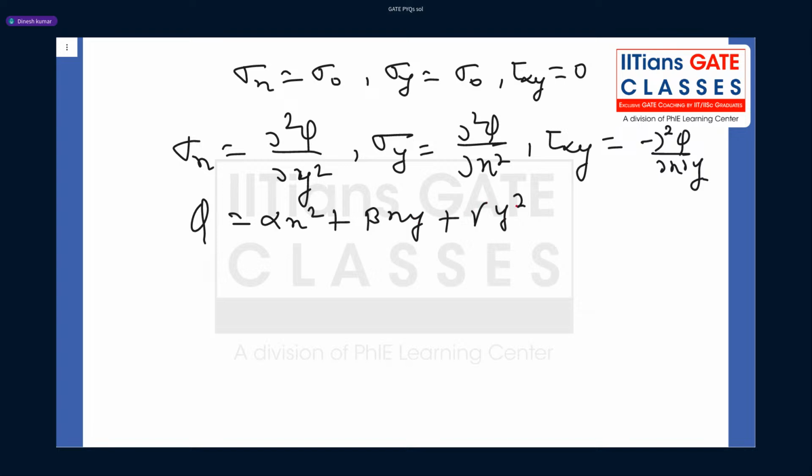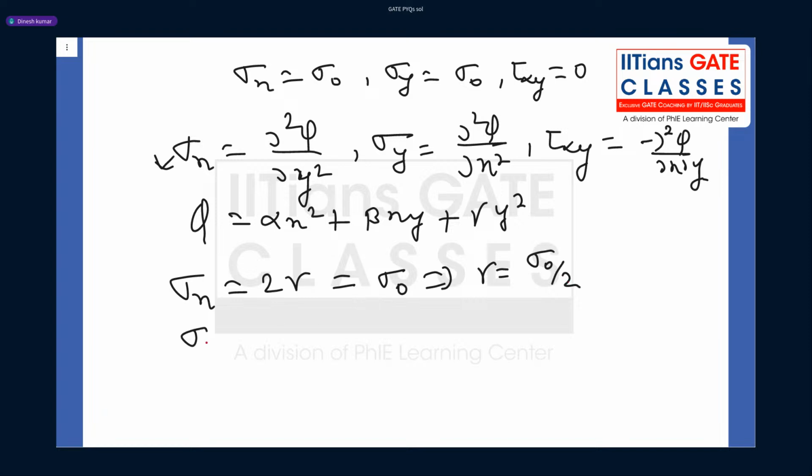Now guys, substitute these values in these expressions. So what you get for sigma x when you differentiate this phi with respect to y twice: you will get 2 gamma, and sigma x is already known as sigma naught. So from here gamma is sigma naught by 2.